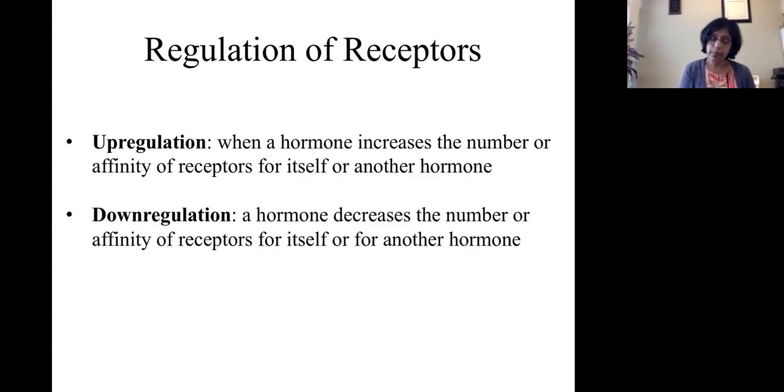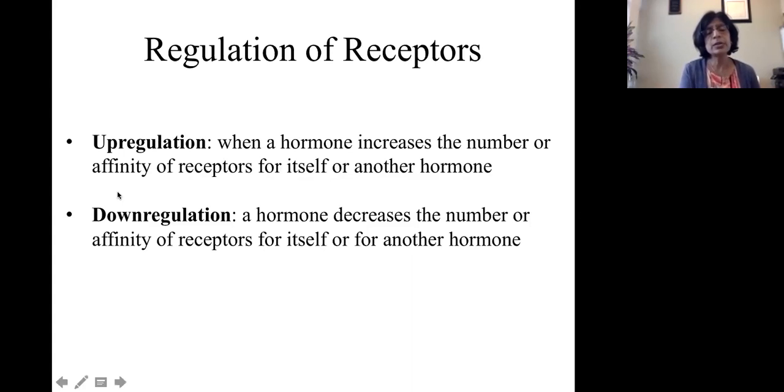So if you have a hormone that is important in the accomplishment of a certain function, you may want to add more receptors quickly. And this is what happens in the induction of labor. You have oxytocin, but you just add a large number of oxytocin receptors in the smooth muscle lining of the uterus towards the very end of the pregnancy.